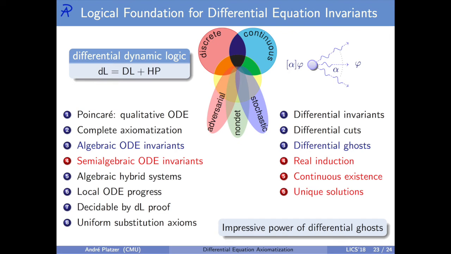You get local progress properties for ODEs. They're all decidable by proofs. And the thing that I neglected a little bit, but we talked about it briefly, it's actually even more pretty because these are not infinite axiom schemata, which are dangerous to implement, but they're just verbatim copies of the formulas, plugged in with uniform substitution principles. Very simple. We've overall seen the impressive power of differential ghosts in action.